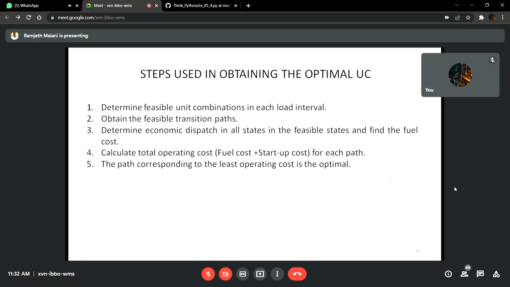Now, this is not a solution technique exactly based on dynamic programming. It's a mixture of dynamic programming and exhaustive enumeration technique.